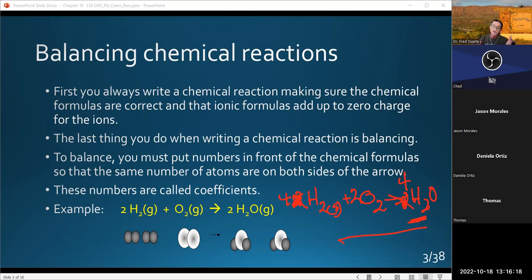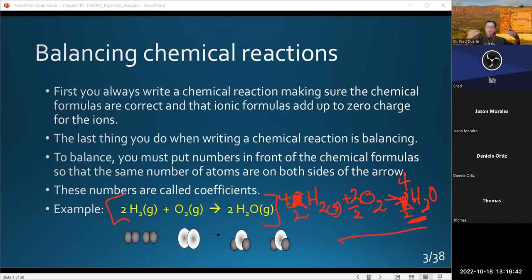So the atoms are balanced. However, like we do in mathematics, last thing you check, if you can, is that the coefficients are the lowest values possible. You can see that every coefficient here is divisible by 2. And so that brings us to this balanced chemical equation.